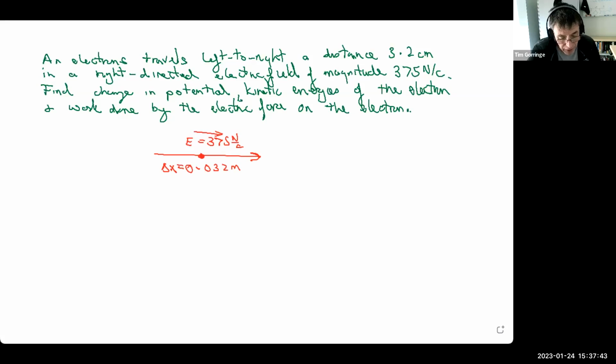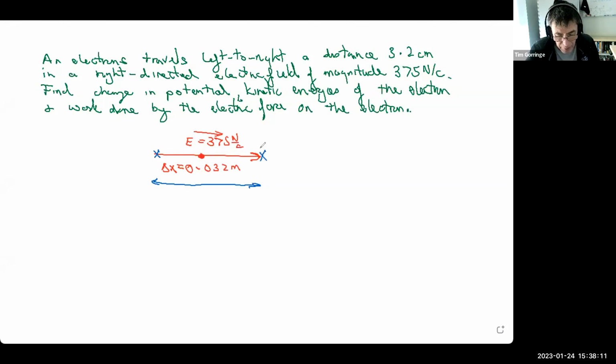Before we do that, I'm going to add a couple of things to my sketch. One thing I want to add to the sketch that's going to be useful. We know the displacement of the electron is 3.2 centimeters. We can calculate the change in electrical potential between where the electron starts and where the electron ends up.